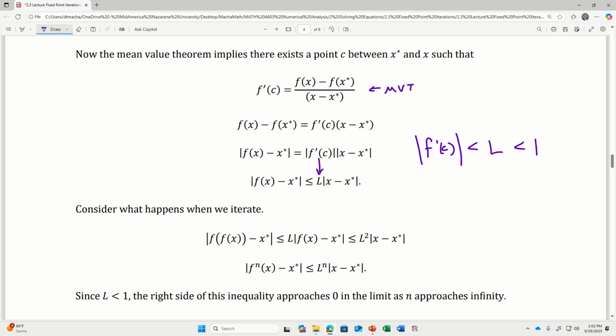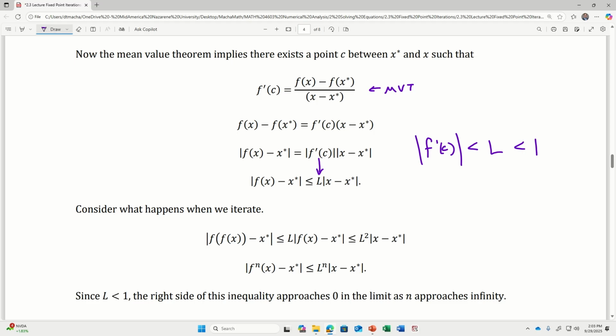And the next logical step is, okay, we've done it once, we've done it twice. What happens if I do it n times? Well, then I would end up with L to the n power. This equation right here is saying the distance between the nth iterate of x and the fixed point is going to be less than or equal to L to the n power times the distance from the initial iterate to the fixed point.